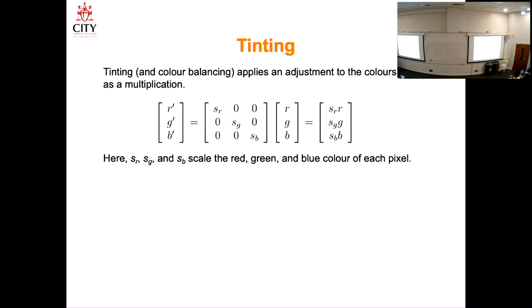So what does it look like? If I put 1, 1, 1, the output image is exactly the same as the input image. But if I put 1.3, I'm making the image look more red. If I put it like 0.7, I'm making it less blue.